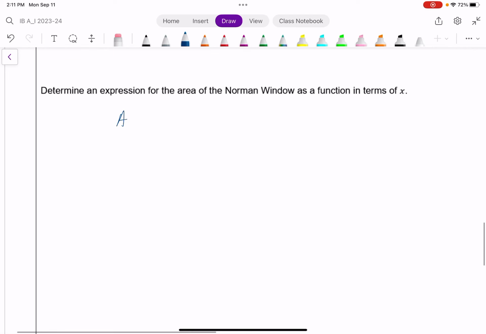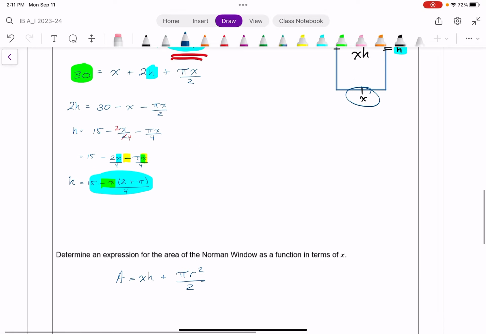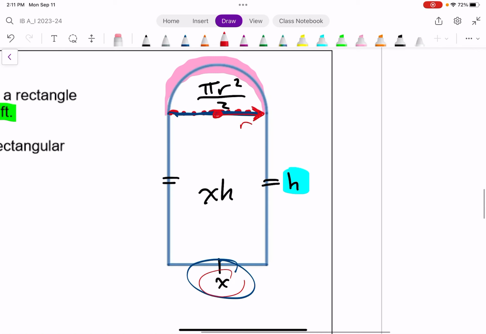So the area is x times h plus half pi r squared. But I want to adjust a few things about this. I don't want to introduce a new variable here, which I have done with radius. And if I look back at my diagram, we realize pretty quickly that the radius, which is from here to here, is the exact same as just x divided by 2.